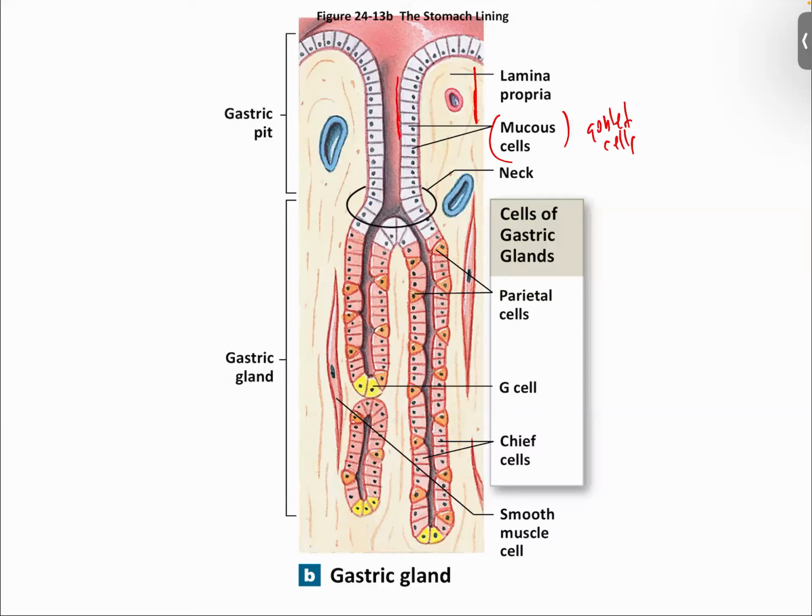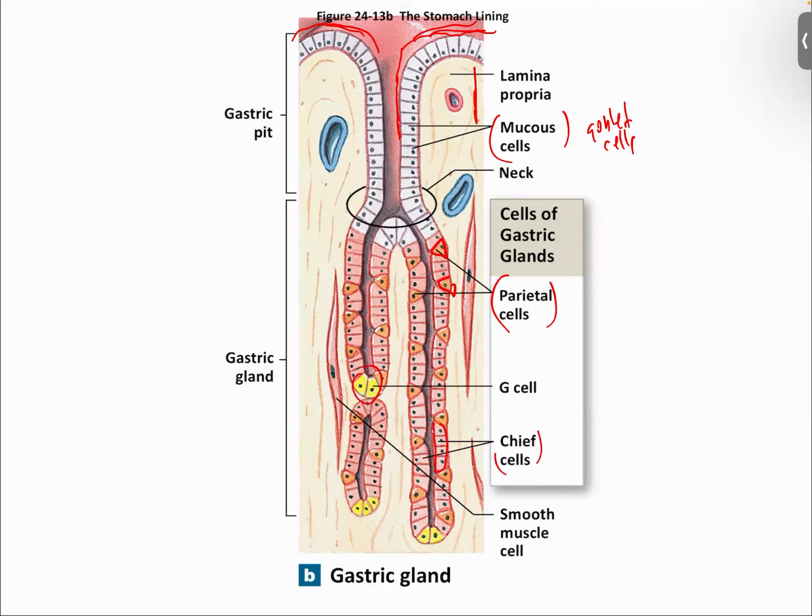And they're producing mucus that basically bubbles up and covers the liner of the stomach, protecting it from the acid. In addition to that, you're also going to see these orange triangular cells here. These are the parietal cells. And then the chief cells are the blocks of pink cells. That's these guys. And then right at the base of the pits are another type of cell called G cells. We'll take a look at those guys here in just a second.